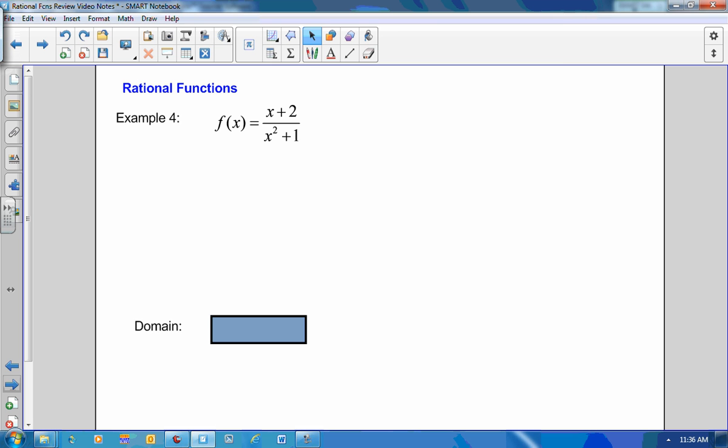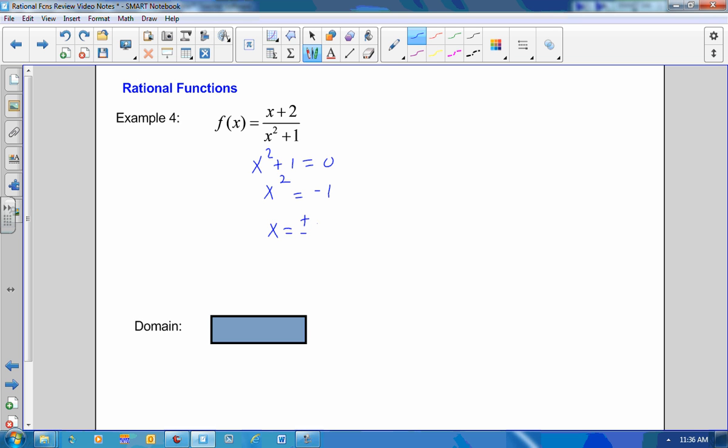My next example here, the x squared plus 1 is not going to factor for me, but if I set that equal to 0, I see that I get x squared equals -1, x equals plus or minus the square root of -1, or x equals plus or minus i. So this is telling me that there are no real number inputs for x that will make my denominator x squared plus 1 equal to 0.